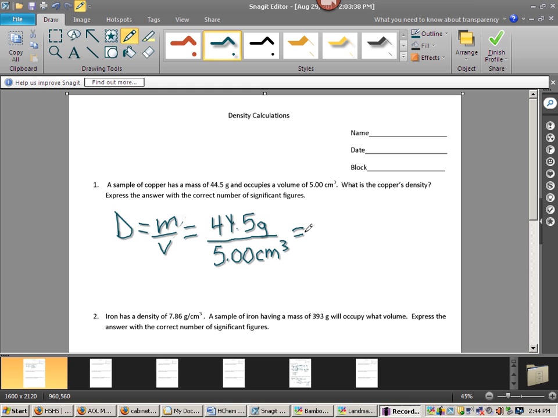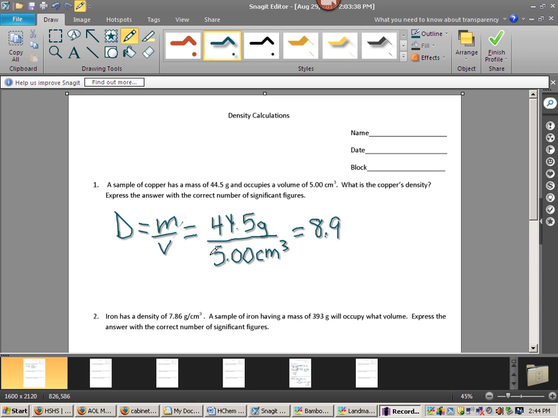Then I'm going to get out my calculator. 44.5 divided by 5.00. My calculator reads 8.9, which is not enough significant figures, because there are 1, 2, 3 here and 1, 2, 3 here.